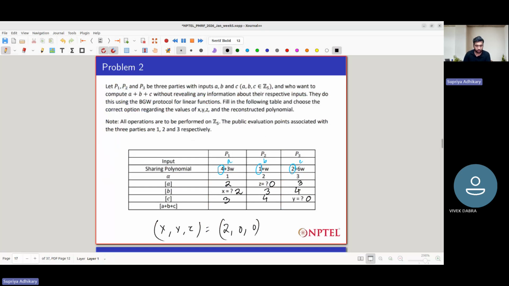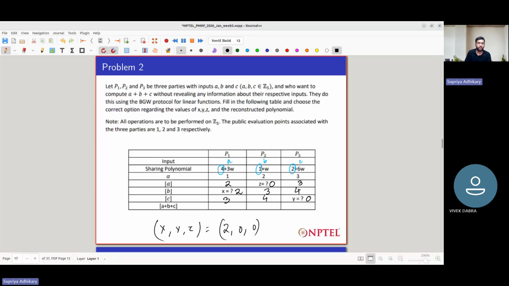Now we have to find out the shares for A plus B plus C. Basically, we have to reconstruct the polynomial corresponding to these shares. In order to find the share of A plus B plus C at party P1, we have to add up all the shares.